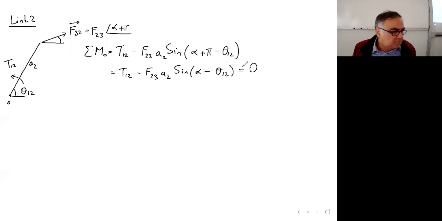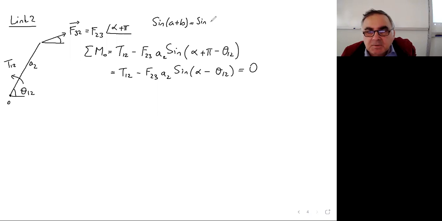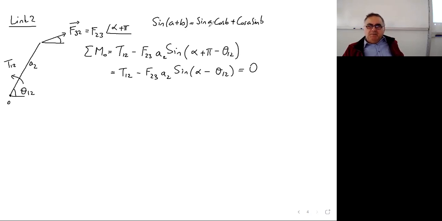You can use the fact that sine of A plus B is equal to sine A cosine B plus cosine A sine B. And you use pi as, let's say, your A, okay?